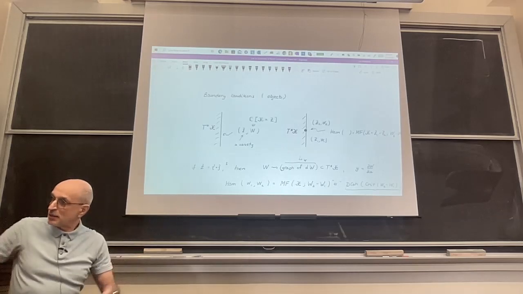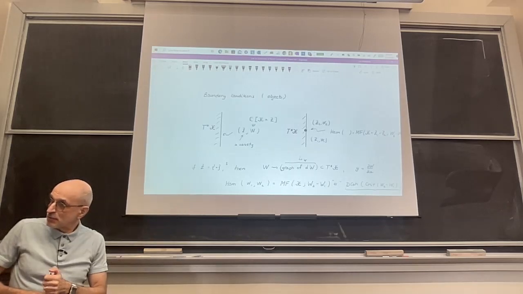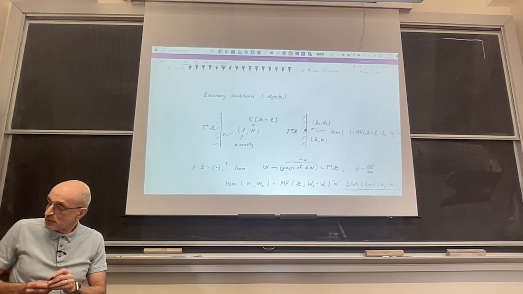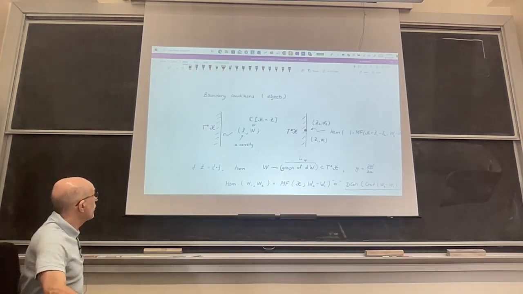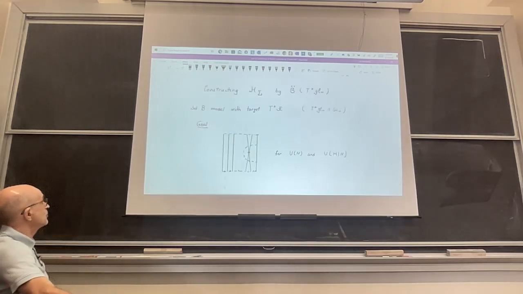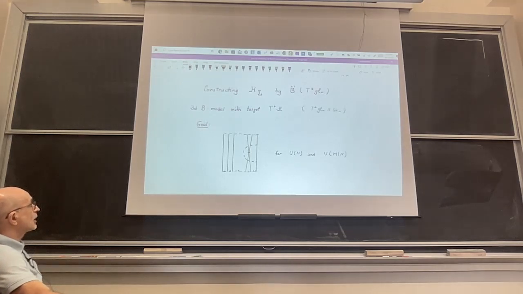But you could have also just told us at this point, okay, here is a category of coherent sheaves on some space, and I'll tell you how to build it out of pieces. Yes. So this will turn out to be the category of coherent sheaves over a Nakajima quiver variety. And I'll build it out of these pieces. Again, I'm telling you something that you know in a fancy way.